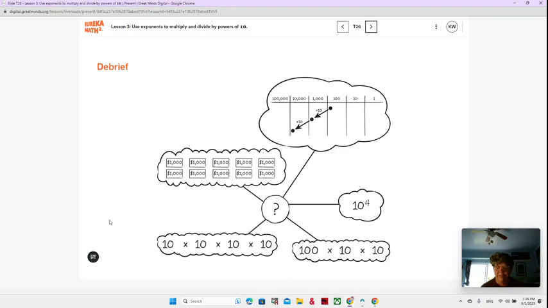You are correct if you're saying 10,000. Look at all these different ways we have to represent 10,000. Excellent job.